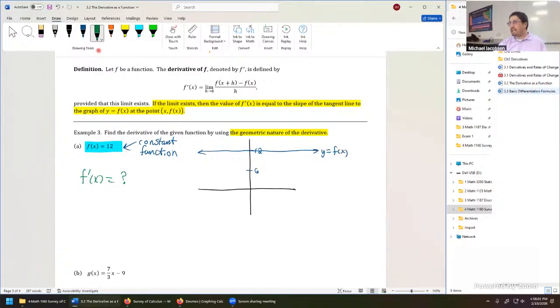And now if we were to find the slope of the tangent line at any one of these points, the constant function is kind of special, right? Any point you pick, say it's right here, the tangent line is going to be automatically horizontal because the original function is also horizontal. That means the derivative of f at x is 0 everywhere on this graph, no matter what.